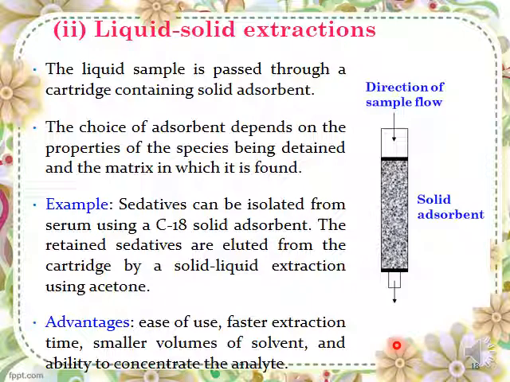For example, we can isolate a sedative from serum. You have serum that contains a sedative, and you want only the sedative, so you can isolate that using a carbon 18 solid adsorbent. The sedative is retained, and the remaining serum will pass through.